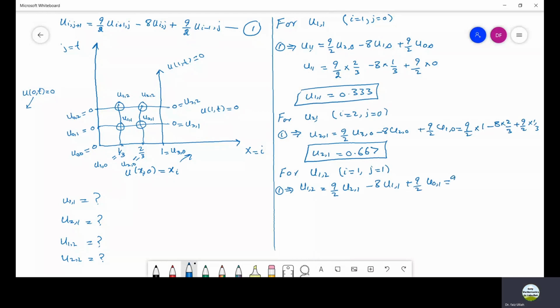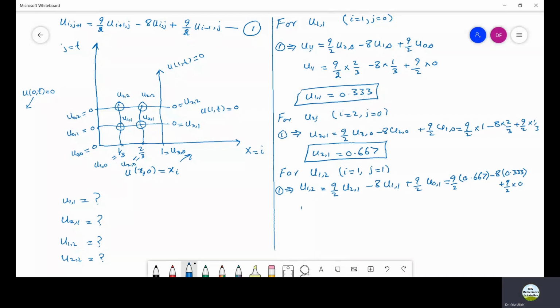So we have 9 by 2, and the value of u2,1 we have just obtained, and the value is 0.667, minus 8, the value of u1,1 we have obtained, which is 0.333, and the last value plus 9 by 2, the value of u0,1, that is 0.